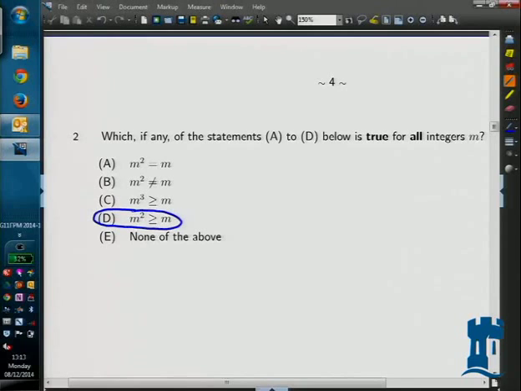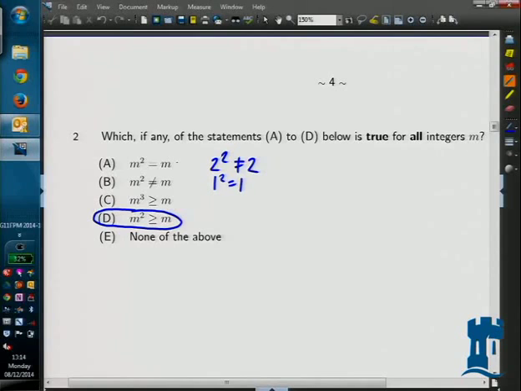So we'll have a look at that and see why. But first, let's just check why the other ones aren't true. Obviously, true for all integers. It's unlikely that m squared will always be equal to m. So, for example, 2 squared is not equal to 2. It's also not true that m squared is always not equal to m. For example, 1 squared equals 1.